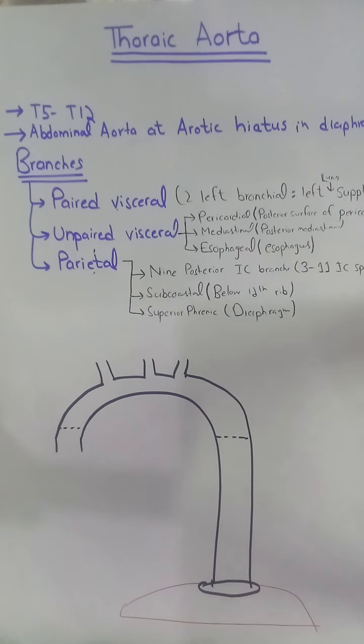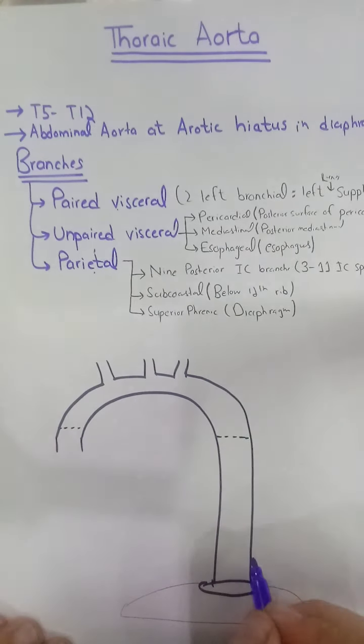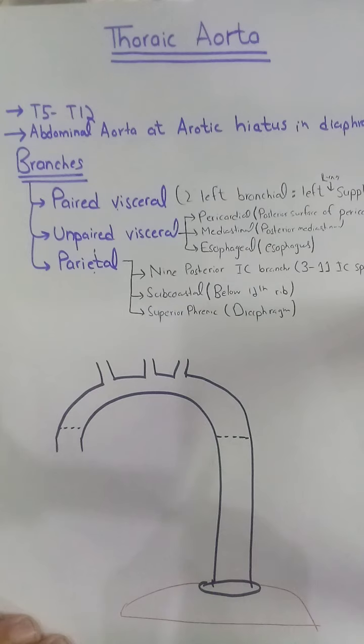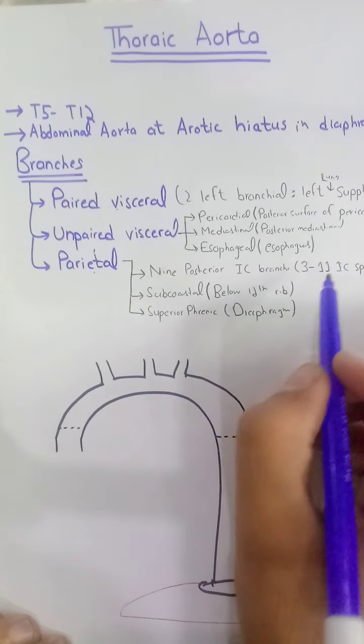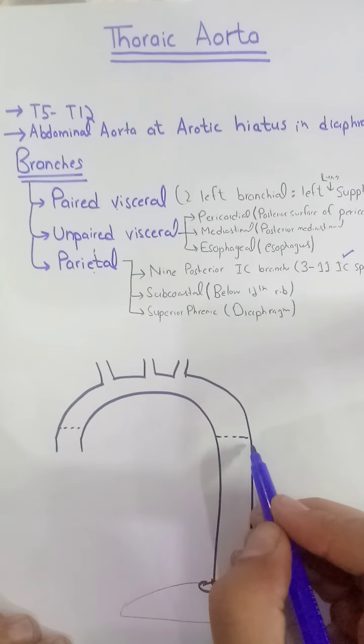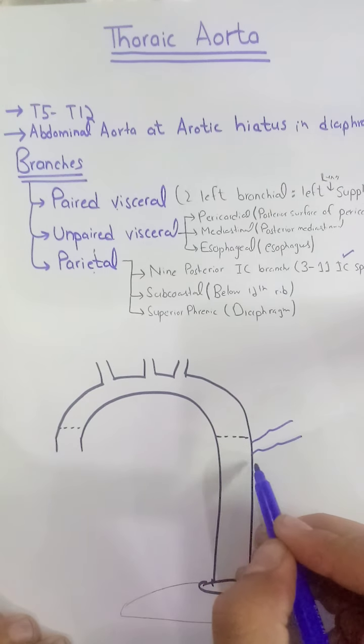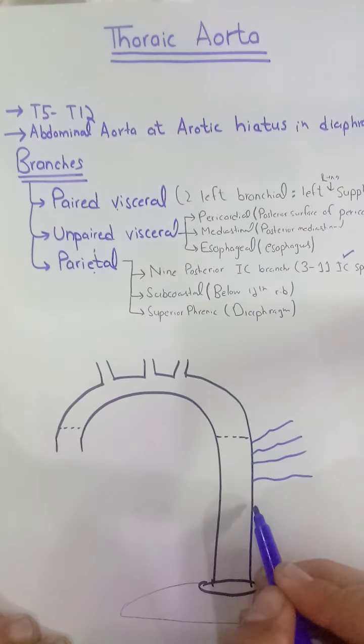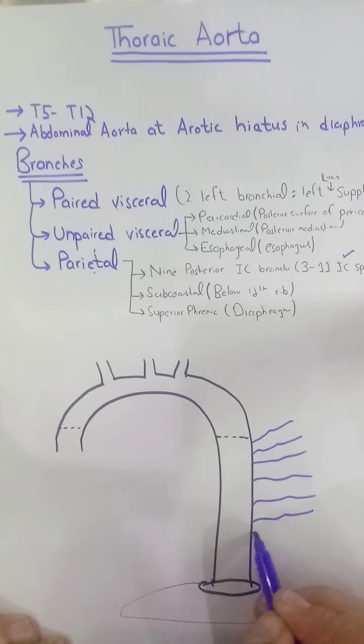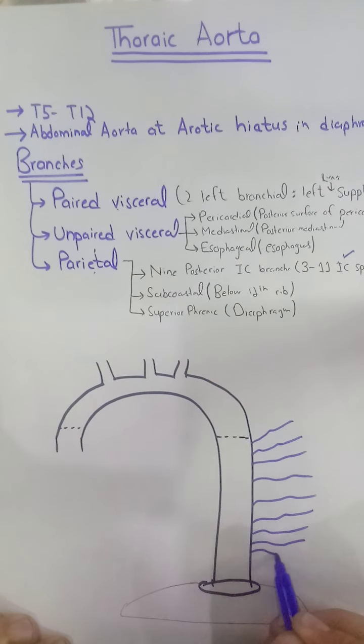Now we will discuss the branches of this descending aorta. First of all, it gives these nine intercostal branches. We will draw them here: 1, 2, 3, 4, 5, 6, 7, 8 and 9.